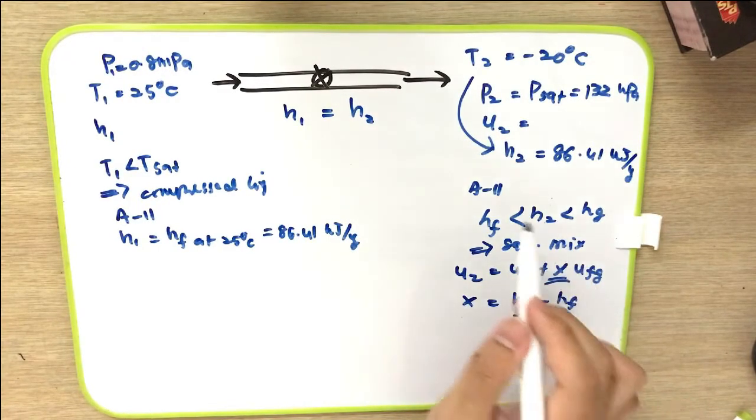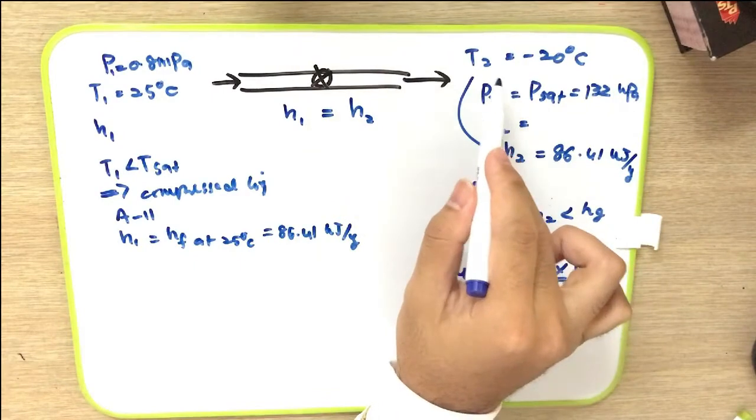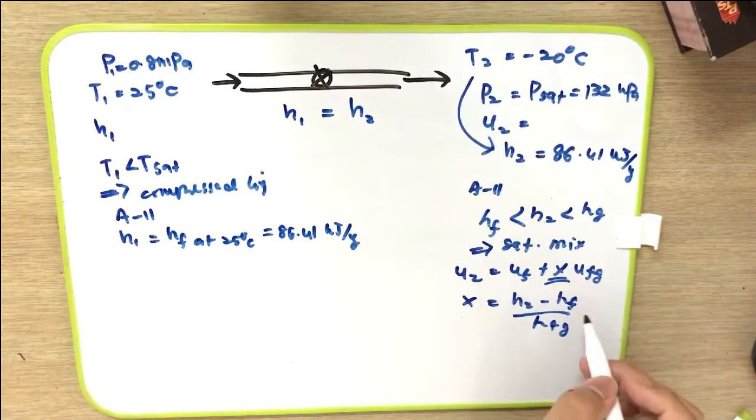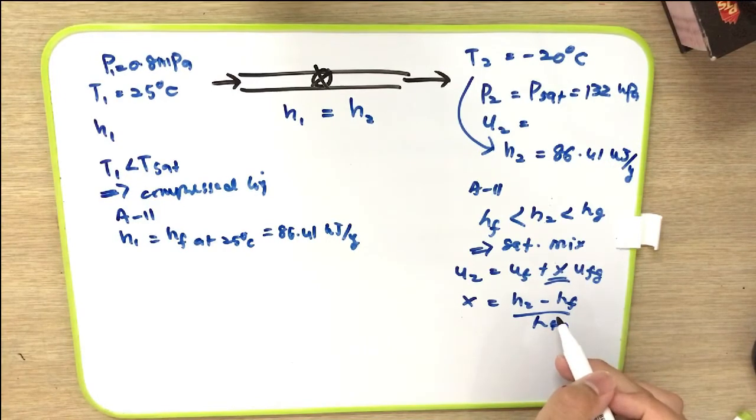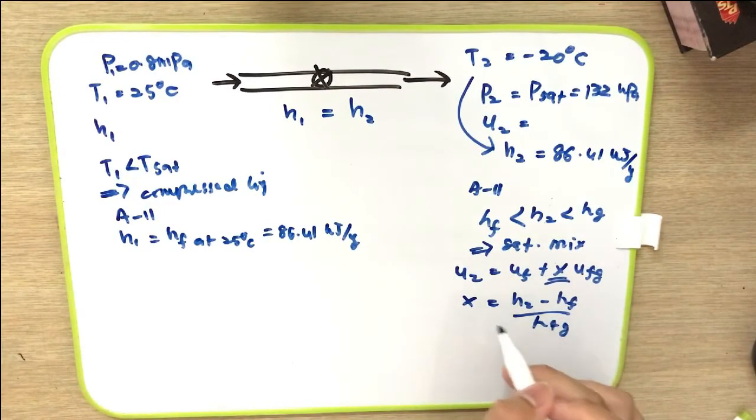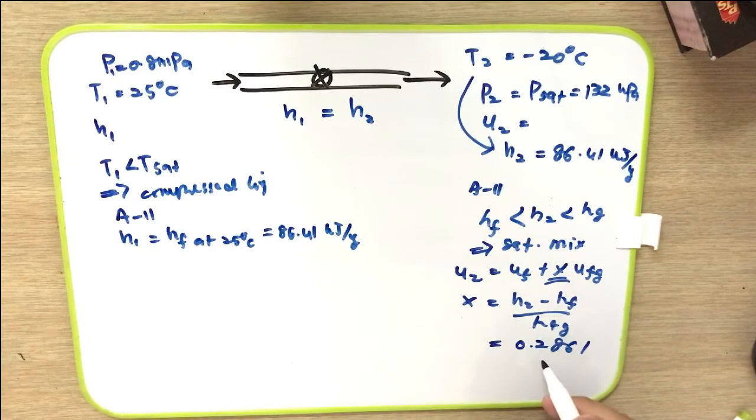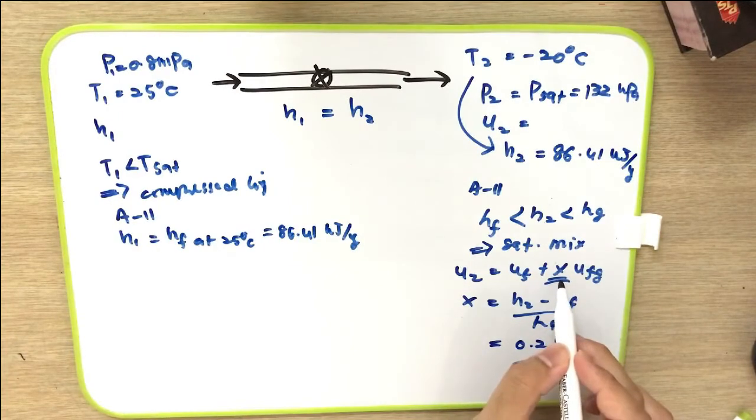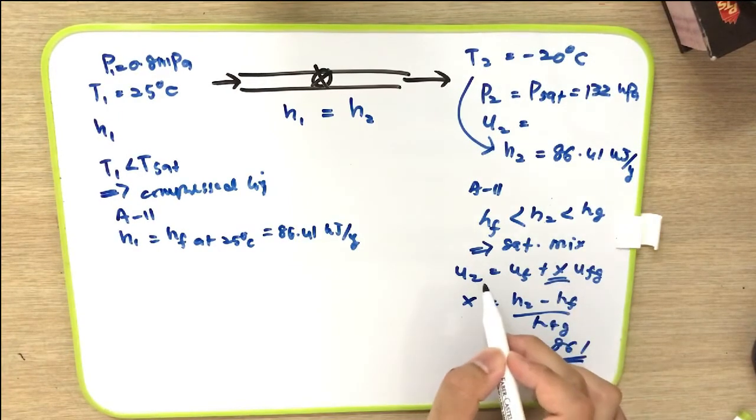By referring to table A11 at temperature negative 20 degrees C, we can find the hf and also hfg. After we substitute into this equation, we get x equal to 0.2861, and now we can substitute this value in order to find the u2.